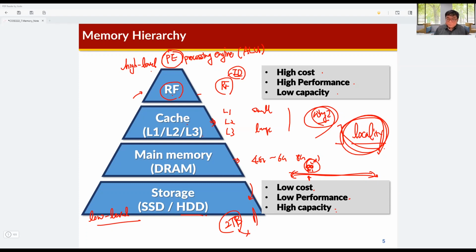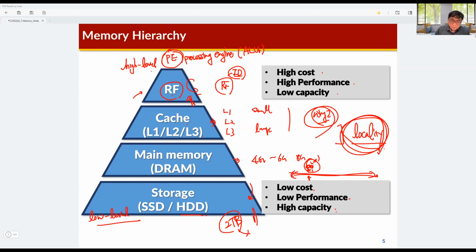So if we store these frequently used data in the higher level of the memory hierarchy, then we can enjoy high performance memory in our computer system, right?